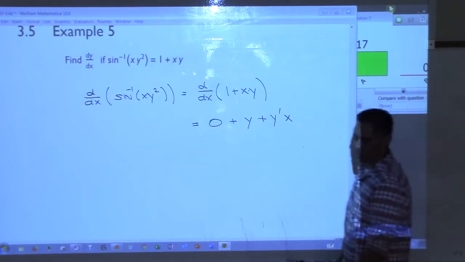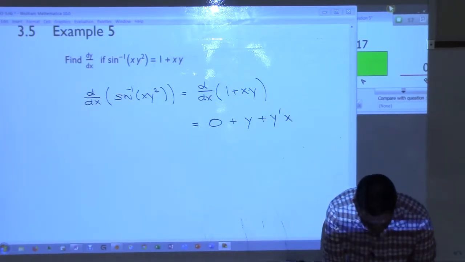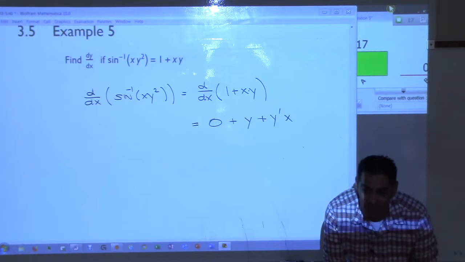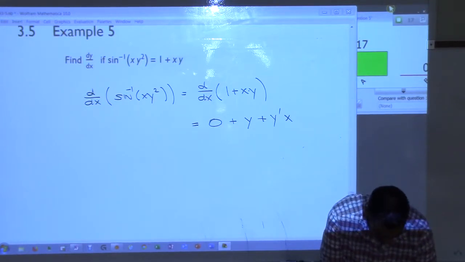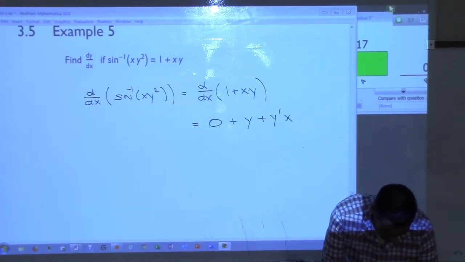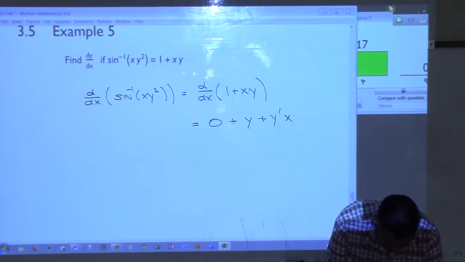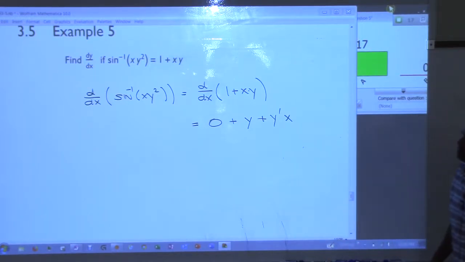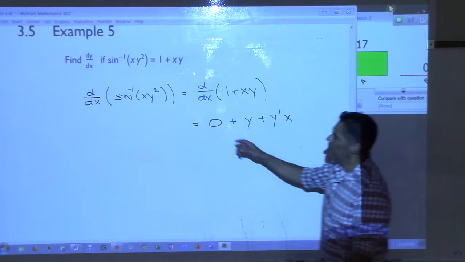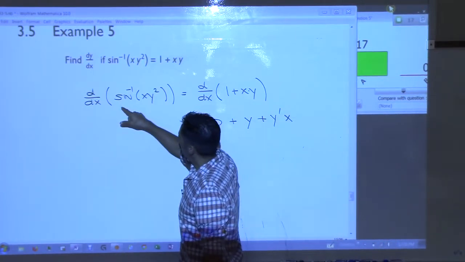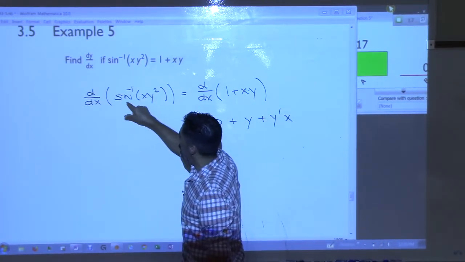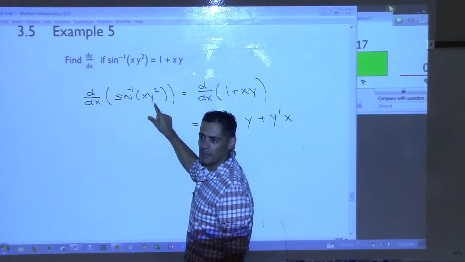How about the left side? The left side's the harder one. I've saved that for, let's see, Tatum. Tatum, what is the derivative of arcsine of something?